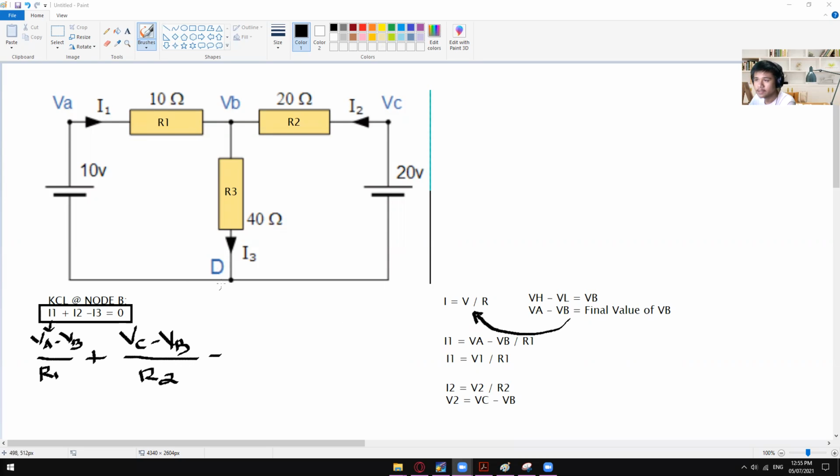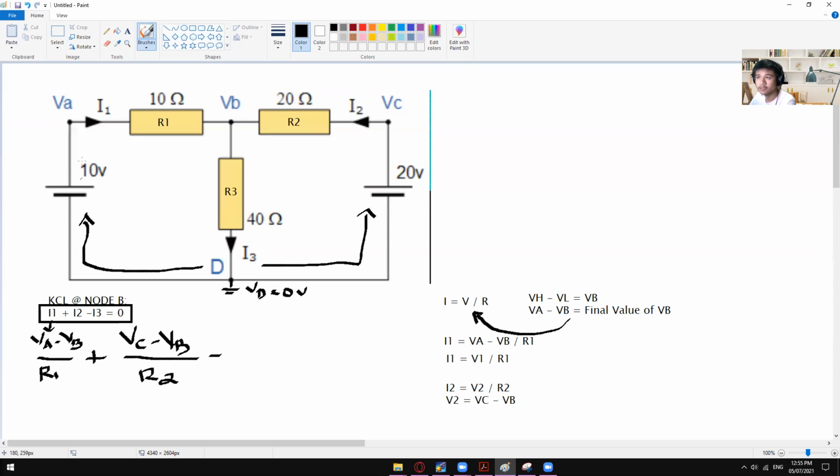One thing that you guys need to know, for this VD, since this is our reference voltage, this is the node that is connected to our negative source, or to make it simple, this one is our ground, and a ground has a value equal to 0. It's always 0 volts, so there is no potential voltage at node D. So we can use Kirchhoff's law right here.